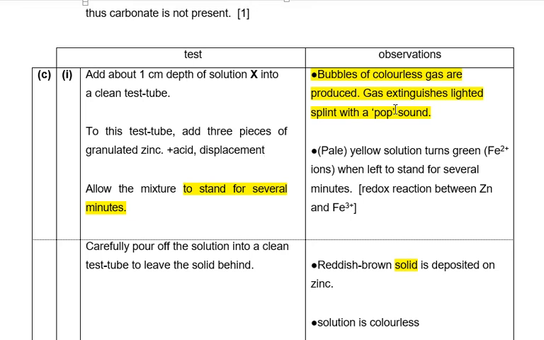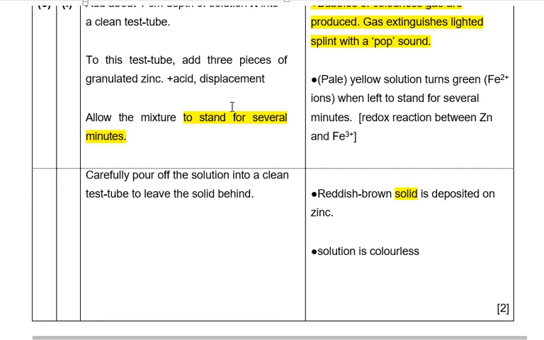What are some of the reactions that you have learned in the chapter on metals? They all have to do with hydrogen gas being produced, either with water or with acids. Most of the time hydrogen gas is produced, and in this case, the gas will extinguish a lighted splint with a pop sound.